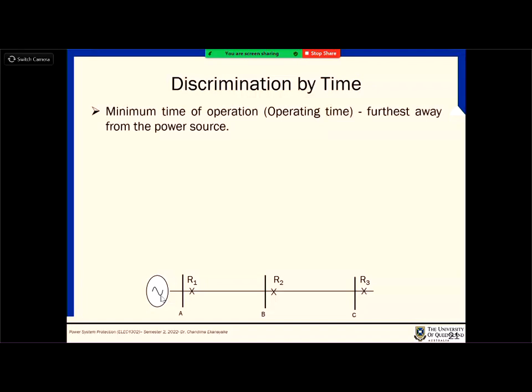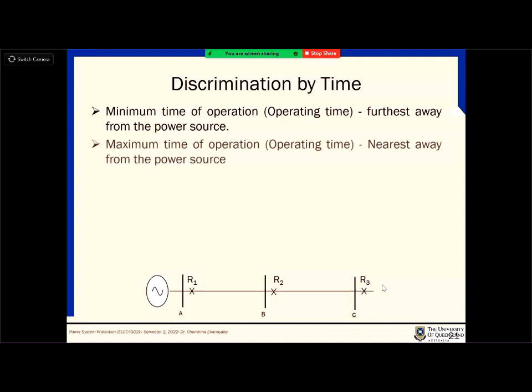You have the highest operating time closer to the generator, and the opposite of it is that the fastest operating time is set on the relay furthest away from the source. The last one will operate faster, so that the first ones will not operate. That is the way you do it. The maximum time is closer to the source.